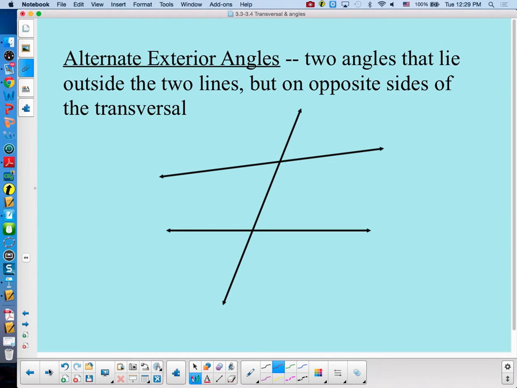As far as numbering those, I have to stay outside of the pair of lines. So if I put a 1 up here, then on the bottom intersection, I want to go on the other side of the transversal and outside of the pair. So that would be an alternate exterior angle here.